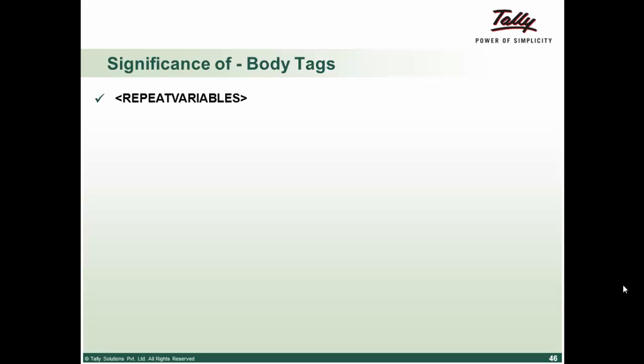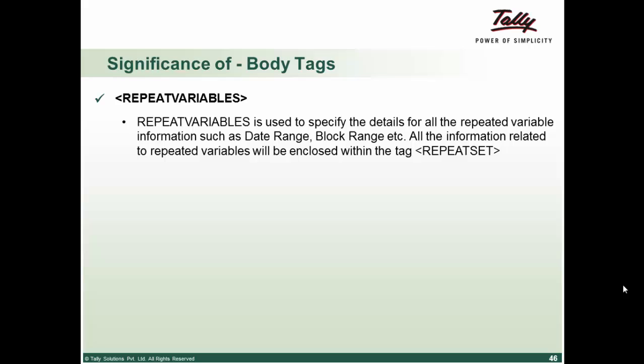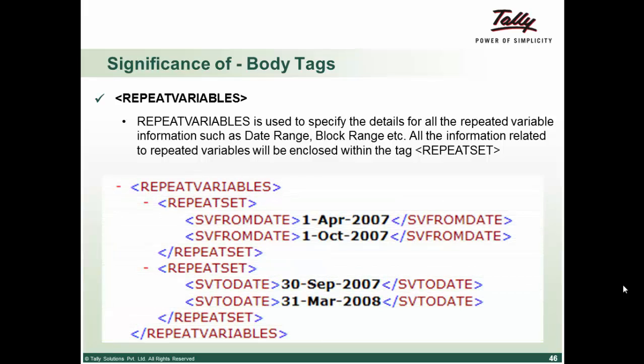Now the repeat variables tag. It is used to specify the details for all the repeated variable information such as date range, block range, etc. All the information related to the repeated variables will be enclosed within the tag repeat set.